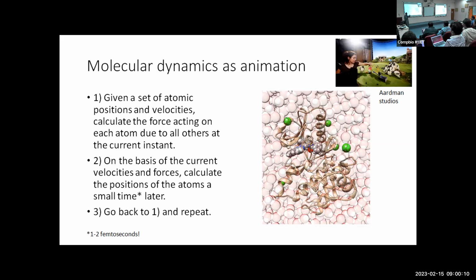Like we calculate first what will happen at the 0th time, then what will happen at the 2 femtosecond time, and what will happen at the 4 femtosecond time, and so on. There are techniques to do it larger, but typically it is done at 1 to 2 femtoseconds. The reason is that's the vibration frequency of hydrogen. So you want to capture everything. Hydrogen is the fastest thing that's moving, it's the lightest. So that's the time step that we choose there.